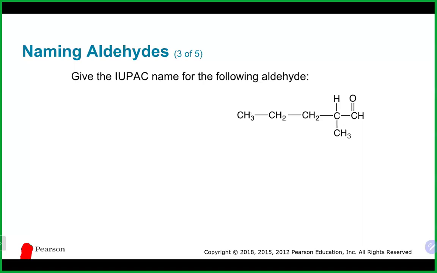Okay, so let's take a look. Obviously we're looking for the longest carbon chain. And as we saw in the previous one, make sure you do check all your options. But in this case, it is this right here. It obviously does need to include the functional group as part of the longest carbon chain. That's going to give us a 5-carbon chain there, and that is our aldehyde group right here. So that's going to be a pentanal. Remember, it's al, not ol, because ol would be an alcohol.